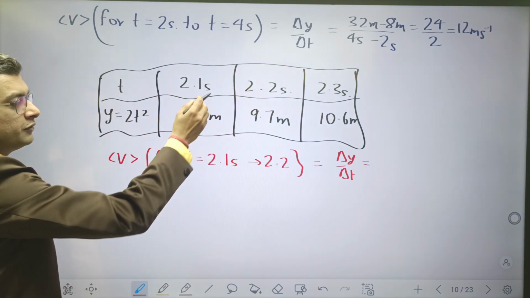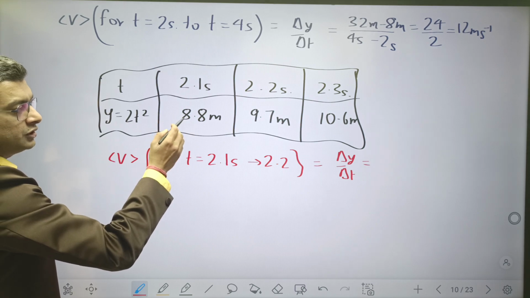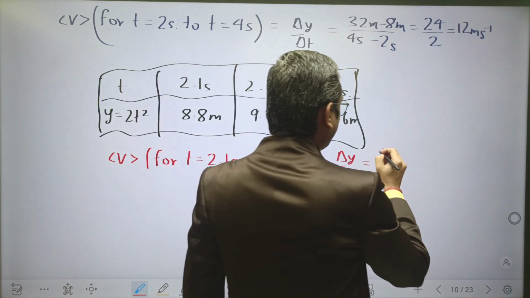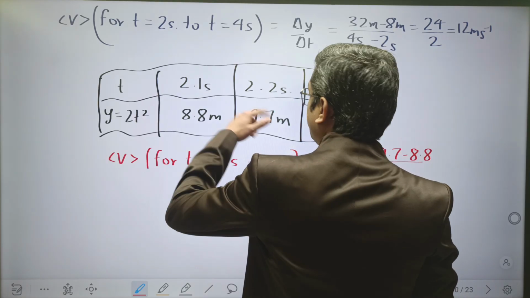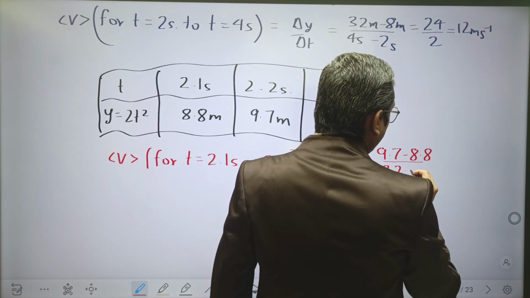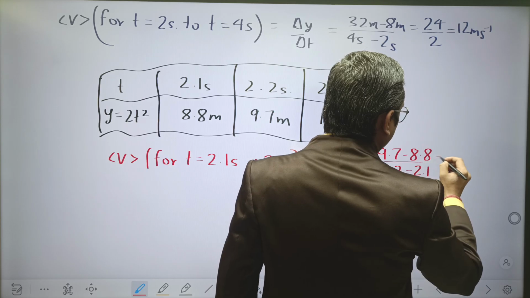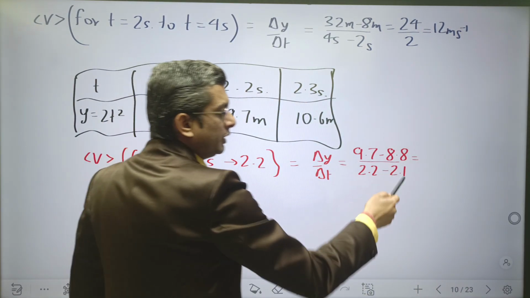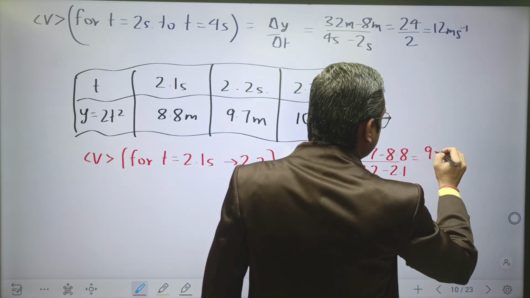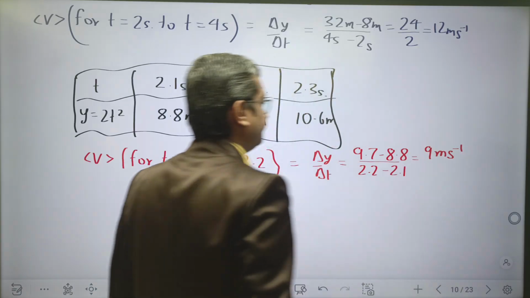At 2.1 second, the particle has position 8.8 meter. So it is given by 9.7 minus 8.8 divided by 2.2 second minus 2.1 second. On solving, you will get 0.9 by 0.1, and this is equal to 9 meter per second.